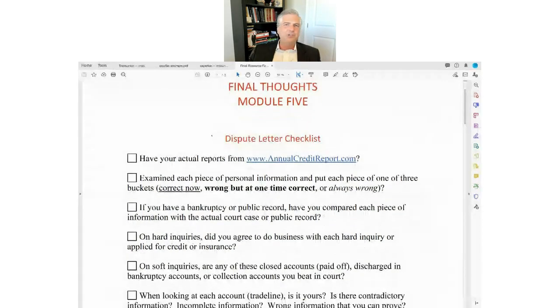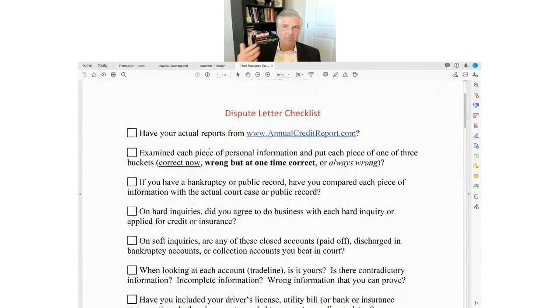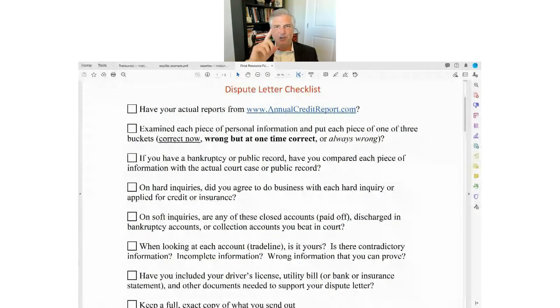This is just a little checklist for you. So as you're going through, and you might want to print this out or just keep it up on Word or PDF or whatever's easiest for you. Just, before you do your dispute letter, like, do I have my actual credit reports? And this is our module 1. And let me share that also. And if anybody's missing any of these, just email me and I'll send them to you.